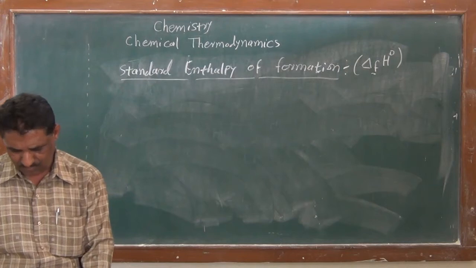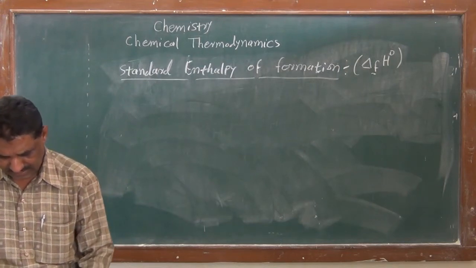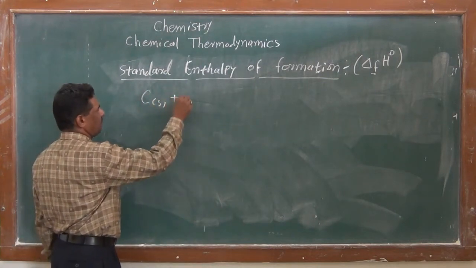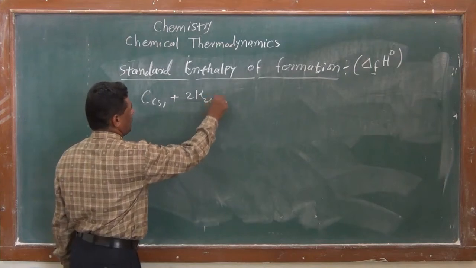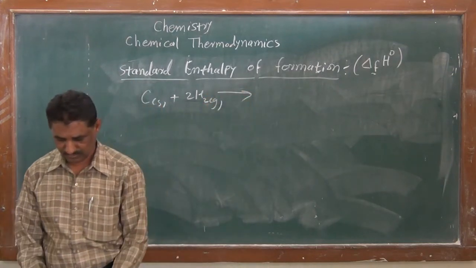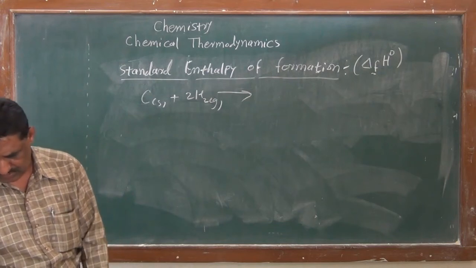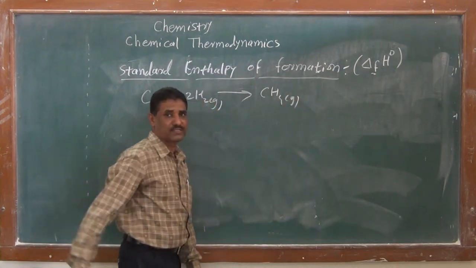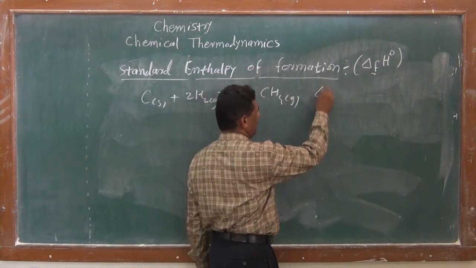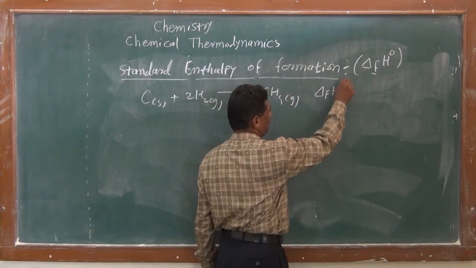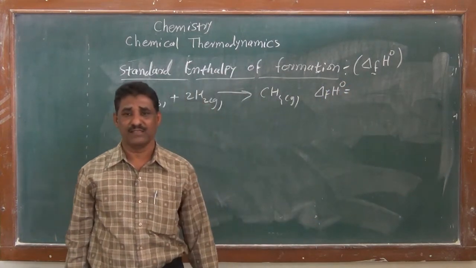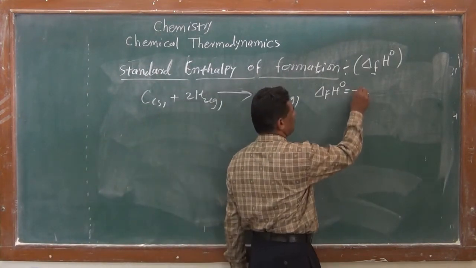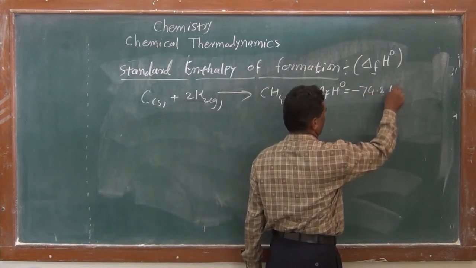Here is a reaction: carbon, a solid, plus 2 H2 gas, gives CH4 gas, and delta FH0, the standard enthalpy of formation, is minus 74.8 kilojoules.